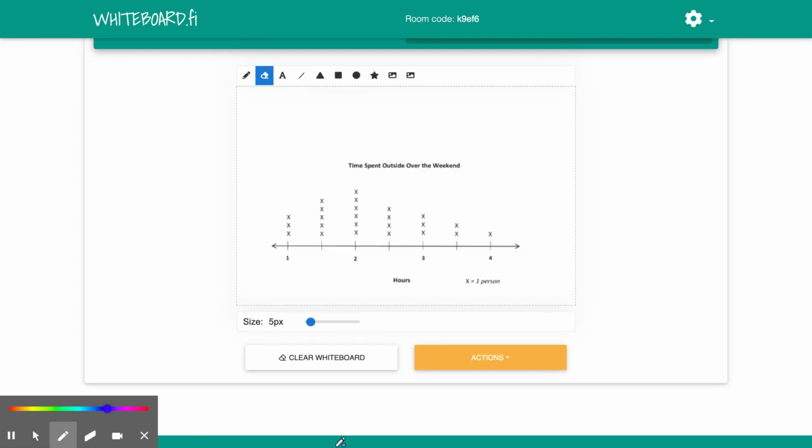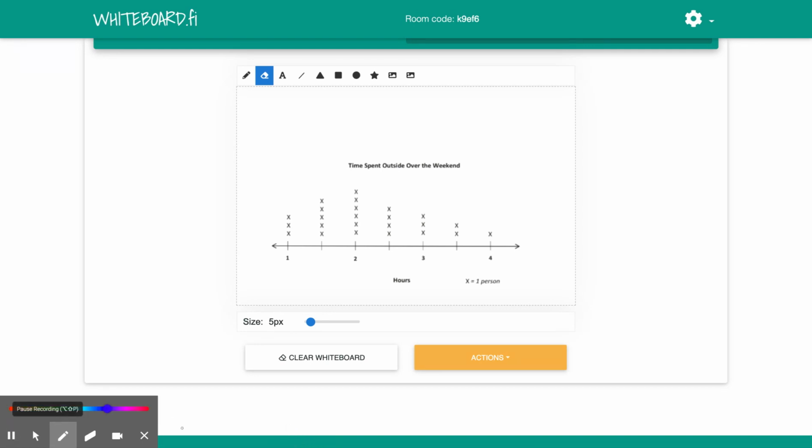Okay, so now that we know what a line plot is, we are going to take a look at this line plot that I have on my whiteboard, and we are going to use this line plot to interpret the data. And what that means is we're going to make sense of the information on the line plot.